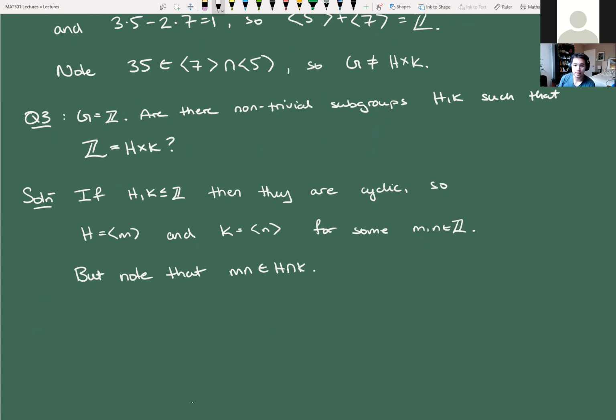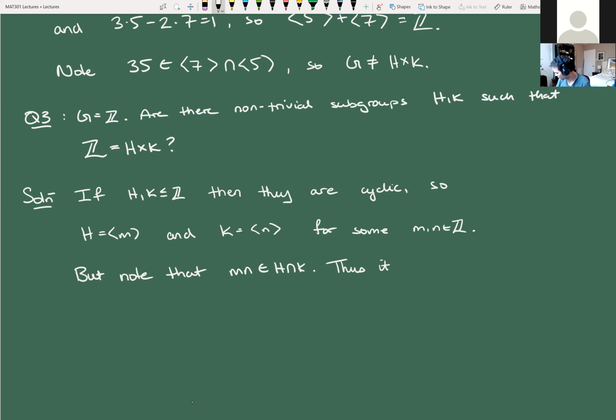Exactly. So what this says, right, is that no matter if you give me two non-trivial subgroups, M times N will always be in their intersection, which means it's impossible for you to give me non-trivial subgroups whose intersection is trivial, right?